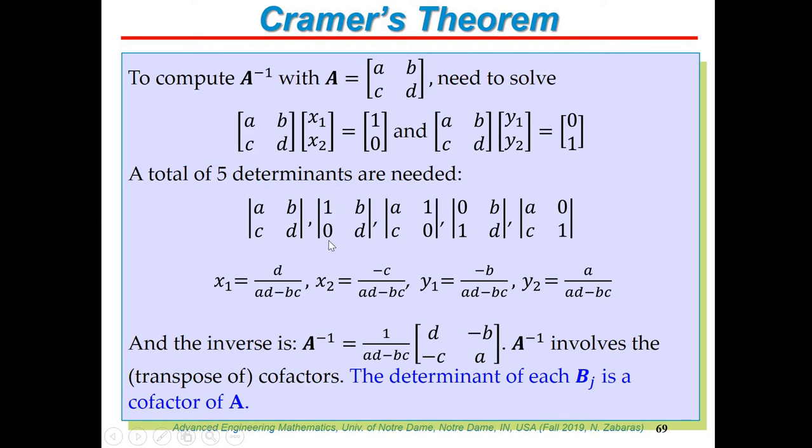Then substitute the first column with 1, 0, substitute the second column with 1, 0. And then for the second system of equations, substitute the first column with 0, 1, and then the second column with 0, 1. If you do this for this particular problem, you can compute x1, x2, y1, y2, and immediately you can see that A inverse is given by this very simple equation that looks very familiar to you.